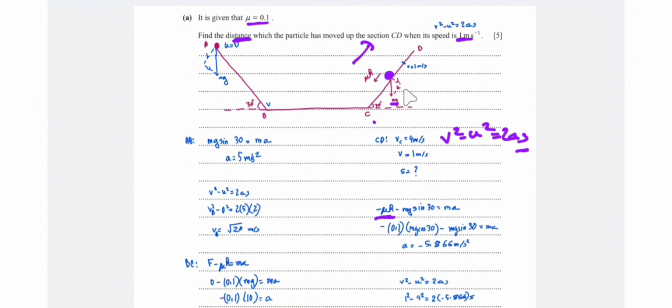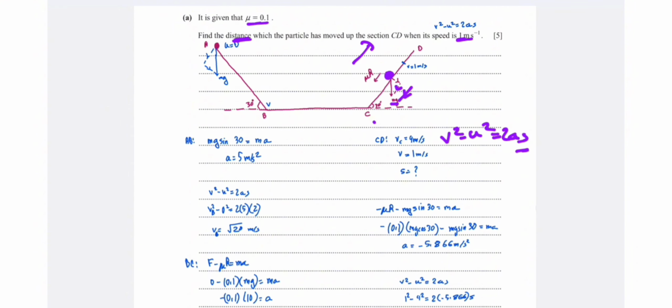So negative frictional force, and the downward component of weight parallel to the plane is also negative, so negative mg sin 30. This is equal to mass into acceleration, where we can cancel the mass.